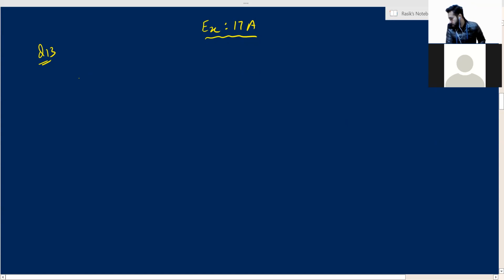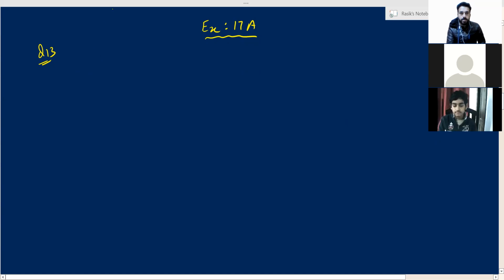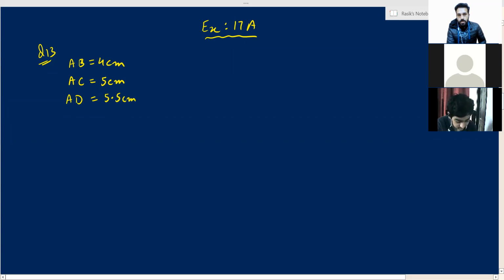Construct a quadrilateral ABCD in which AB is equal to 4 centimeters. AC is the diagonal of the quadrilateral, AC is 5 centimeters. AD, another side of the quadrilateral, is 5.5 centimeters, and angle ABC, that means angle B, is given 90.